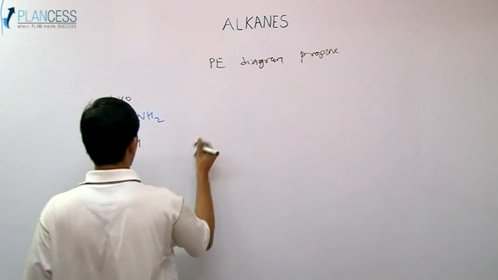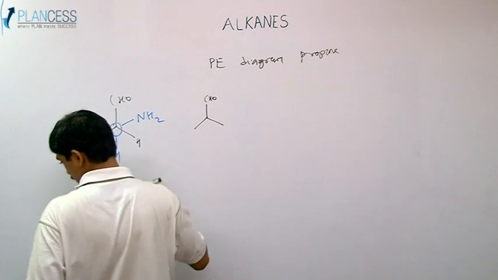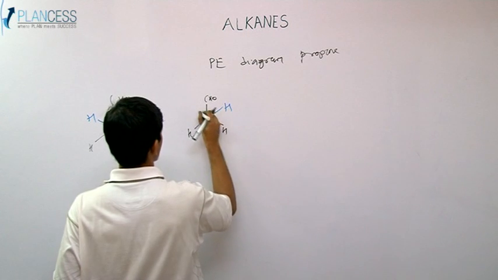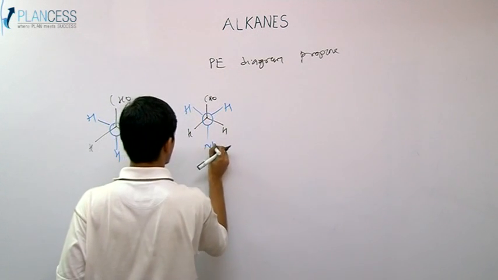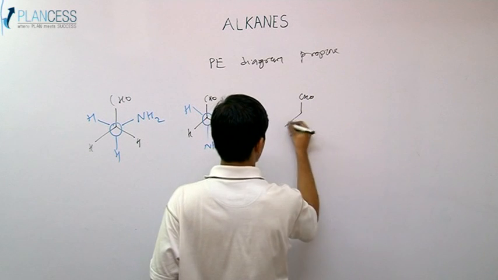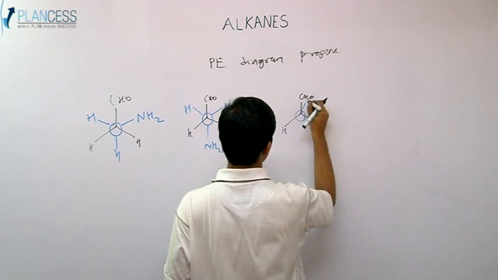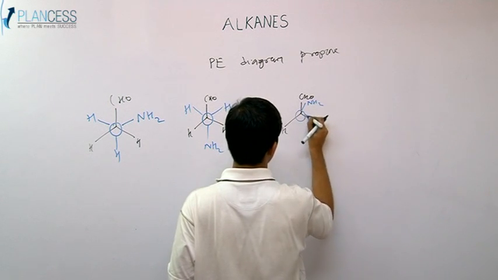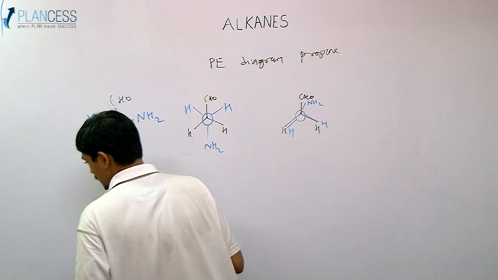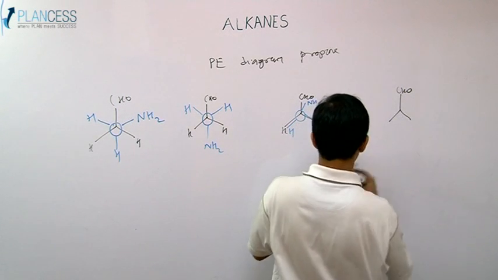Then we have on the front carbon CHO, H, H, and on the back carbon H, H, NH2, and we have CHO, H, H. We have on the back carbon NH2, hydrogen, hydrogen, and finally CHO, eclipsed one.